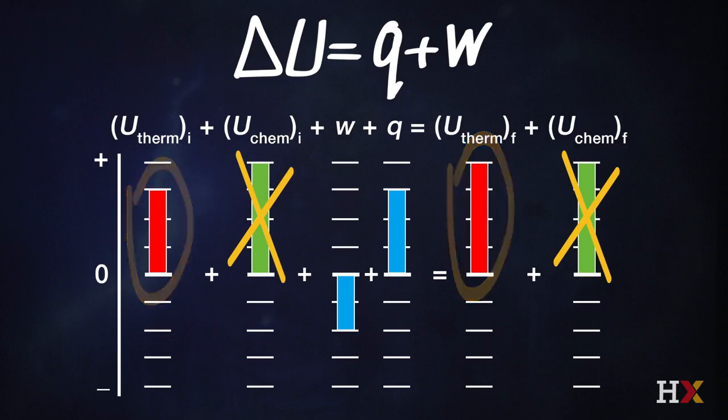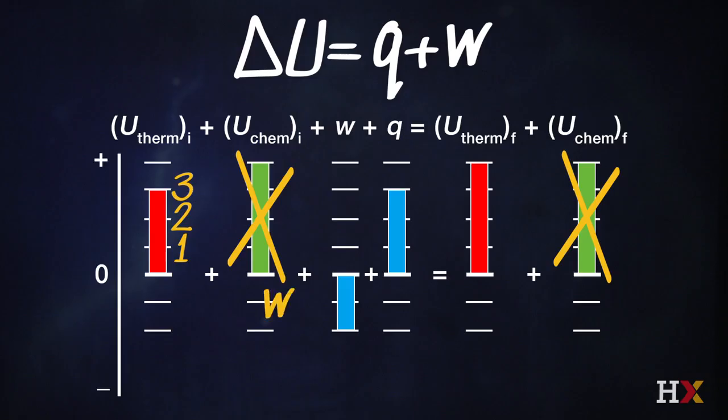And so let's just indicate we have 1, 2, 3 units of initial thermal energy. But the work done by the fact that the piston has moved up, that means the system is doing work on the surroundings. That means that the work term must be less than 0.